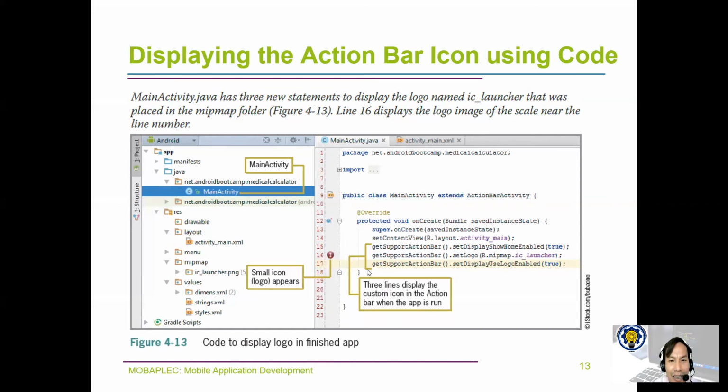Then now you need to get the particular method based on the action bar. Okay, so it will display the home, it will display the logo, it will display the user logo. So set the boolean true or false, simple as that, in order for you to load the particular logo.